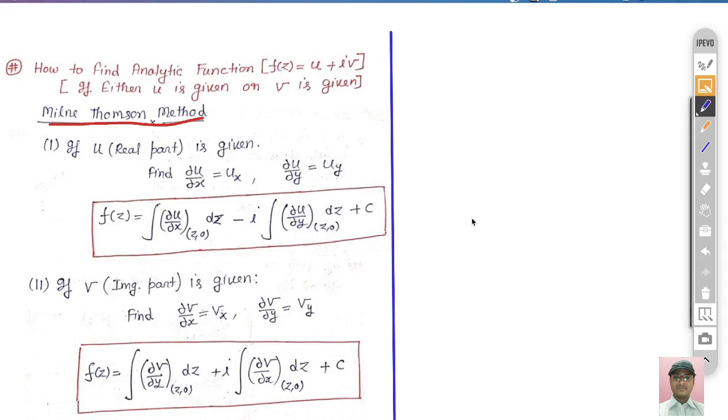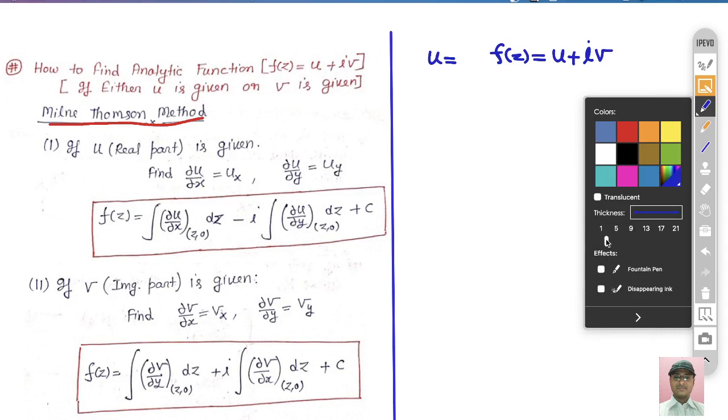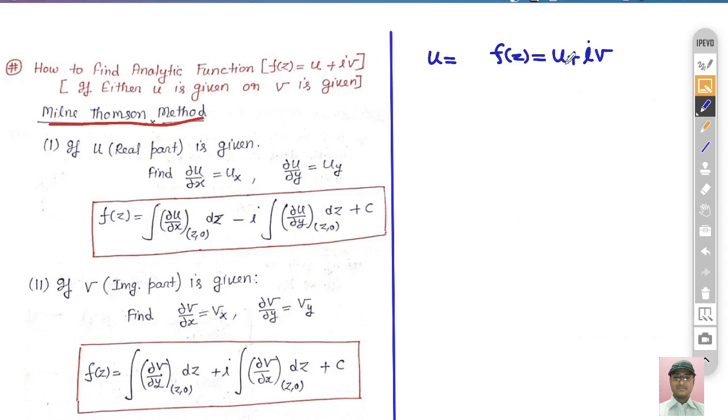So let's suppose any question which is asked in GATE, if only u is given, where f(z) is the complex function which is basically u plus iota v, right? This complex function requires what? Real and imaginary part.